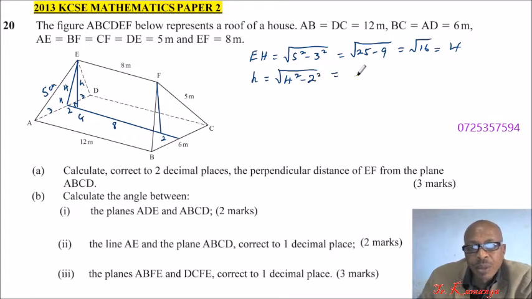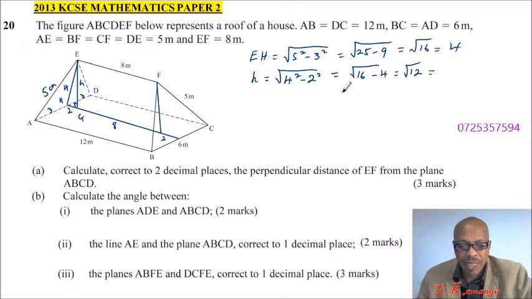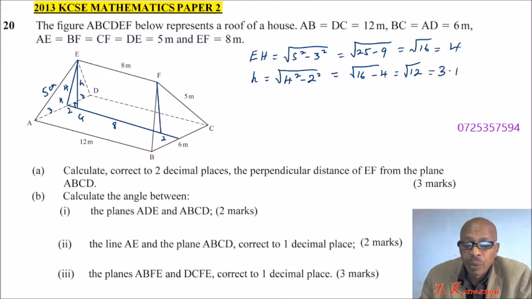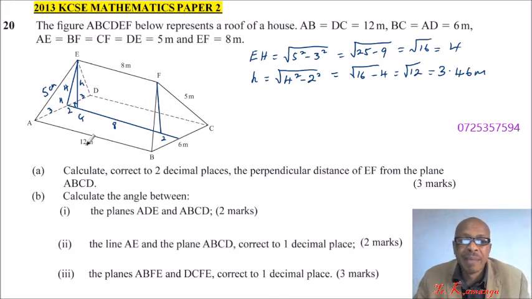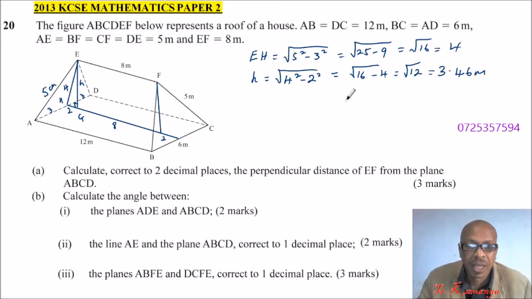This is equal to the square root of 16 minus 4, which is the square root of 12, which you can get using your calculator, and you'll get 3.46 meters. So the perpendicular height from EF to the plane ABCD is 3.46 meters. So that's how you work that out.